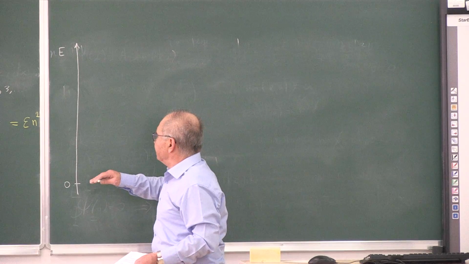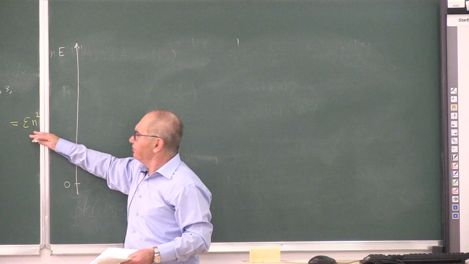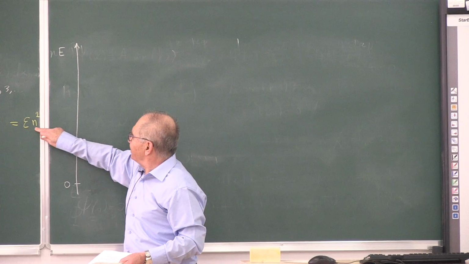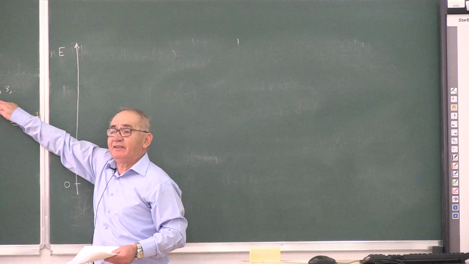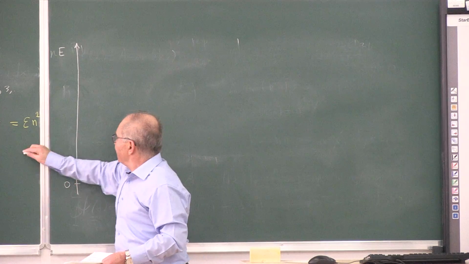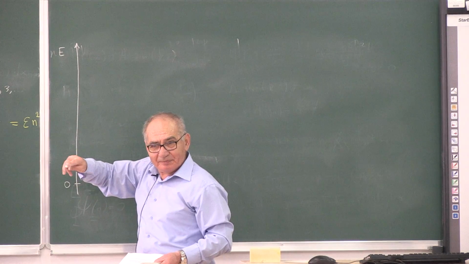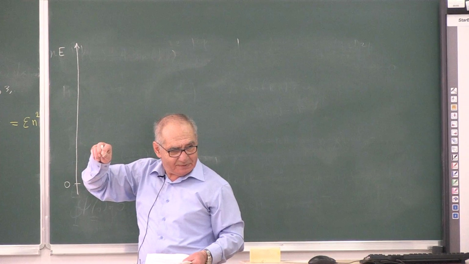Let us start with the lowest possible value. Lowest energy will be obtained for which selection of n? 1. The result is 1 times epsilon. Epsilon is a non-zero number.